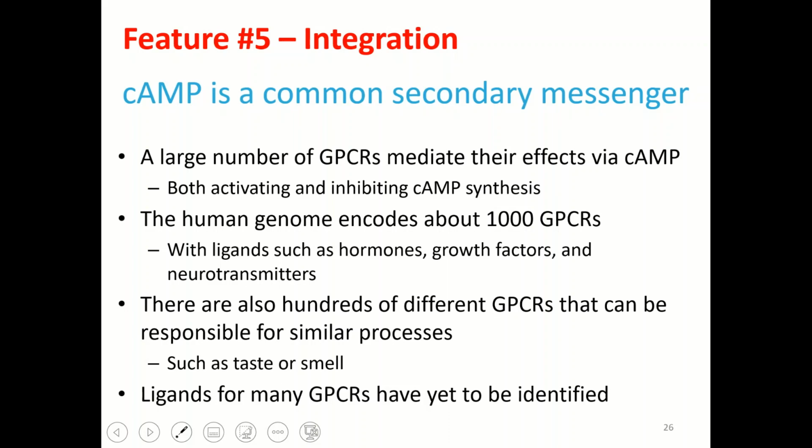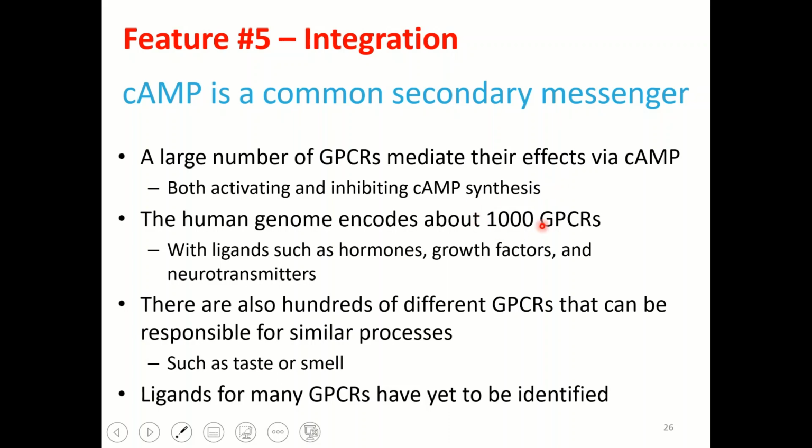Also, many of the ligands for these receptors have yet to be identified.